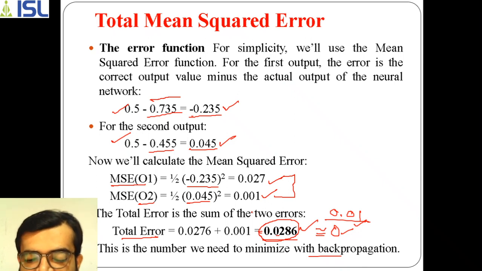So first we need to calculate the weights with their output values, and based on that we calculate the total error value. And if we find that the value is not 0, or not very near to 0, we have to minimize it by using the process called backpropagation.